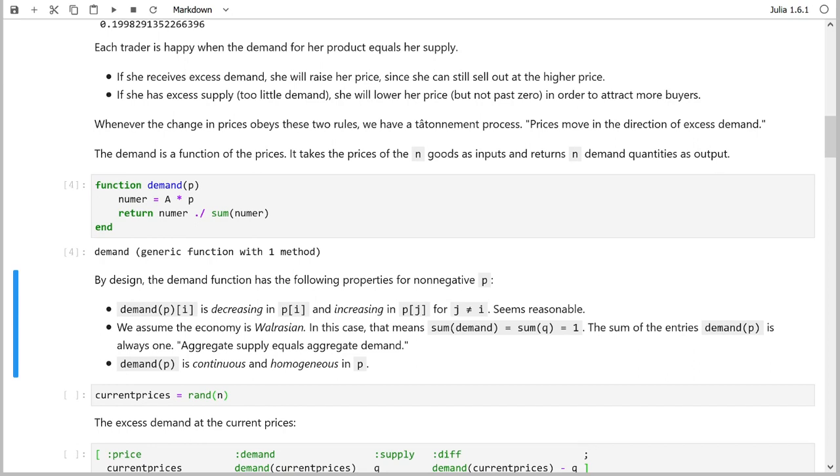Finally, we will notice that this demand function is homogeneous in P. And what that means is that if I took a certain price vector and I doubled it, so I took all the prices in the economy and I just snapped my fingers and multiplied them by 2, then we're going to assume that the total quantity demanded for each good does not change. Now, this might seem counterintuitive. If everything gets expensive, won't people buy less?